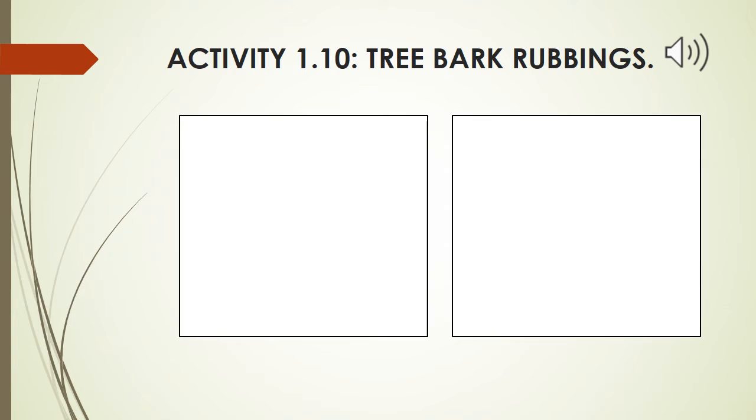Write down the type of texture that each tree has. Now you have to paste the paper on which you have drawn the texture of the tree bark on the next page, which is page 16, and also write the texture of the tree.